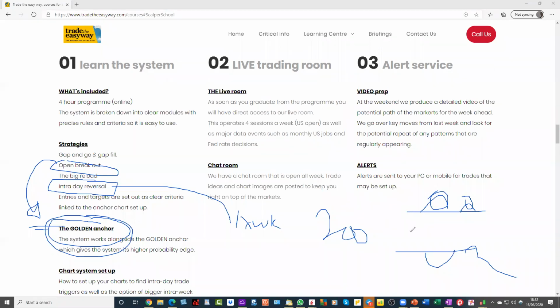So if that's the open range, it triggers one side, then most times, not all, no system is perfect. I'm not suggesting for a minute this is a perfect system, but it is a sound system that has a backup anchor that stops us taking most of the trades that go the wrong way. The gap strategies, at the moment, given the volatility we've got, are probably one of the most successful strategies because the markets are gapping extensively.